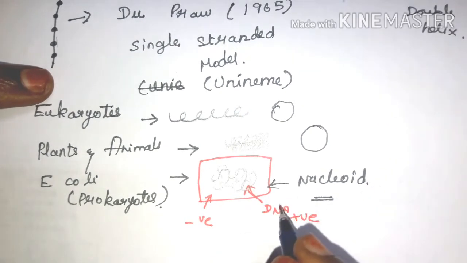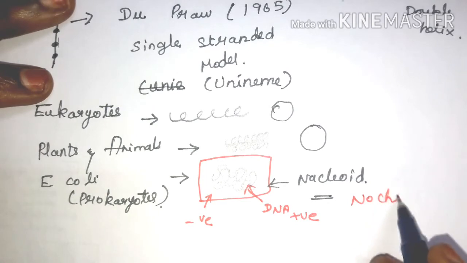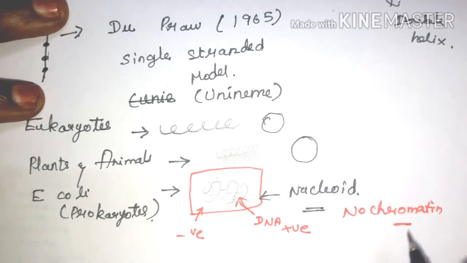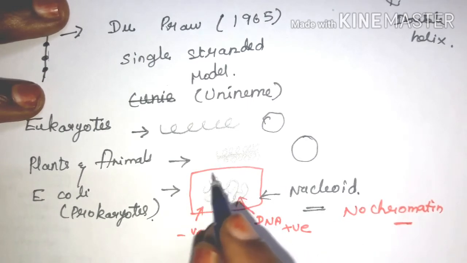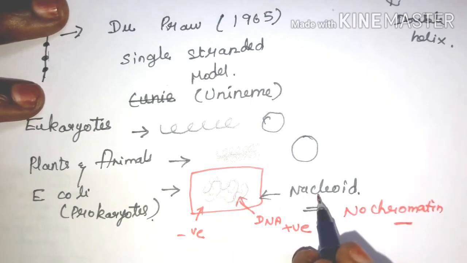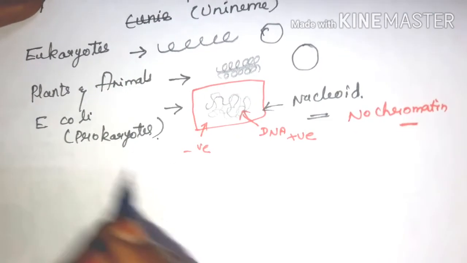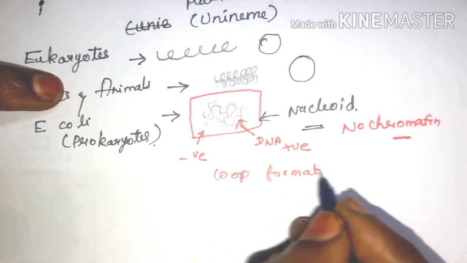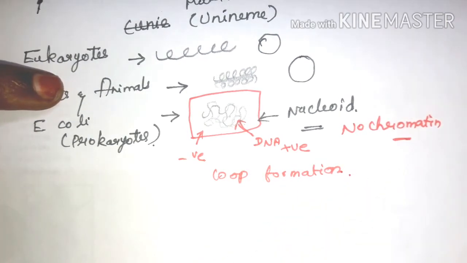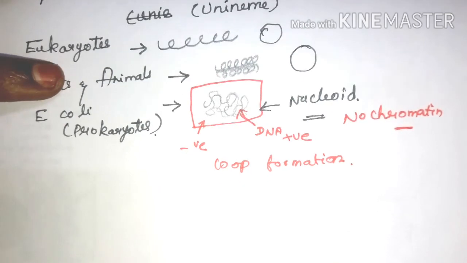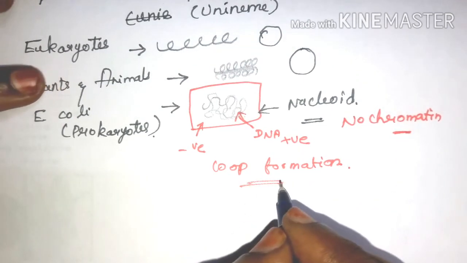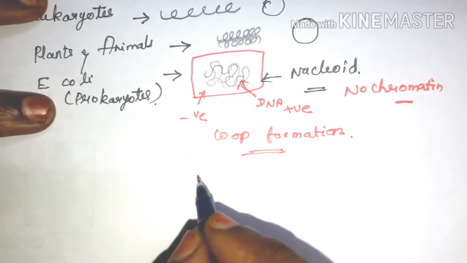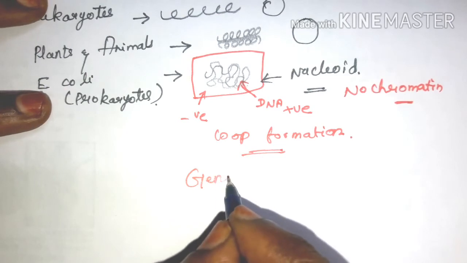There are no chromatins here. Chromatin means the binding material, that is protein. So these positive and negative charges make the coil structure inside the nucleoid. This is called loop formation. This condition of loop formation inside the nucleus-like structure or nucleoid is called genophore.